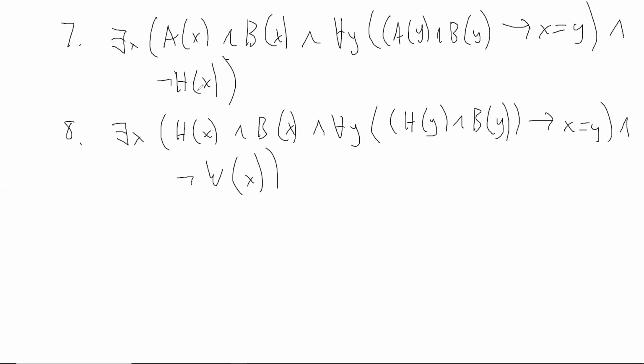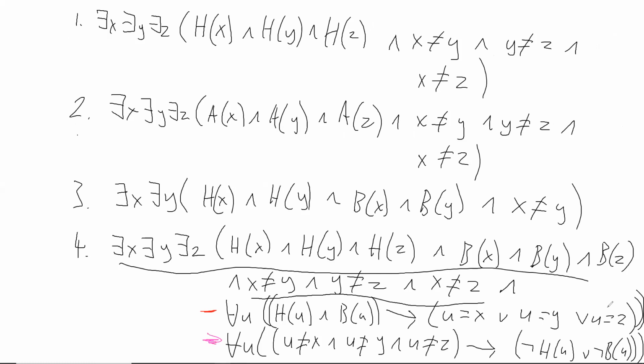There was one earlier on as well. What did it say? There are at least 3 horses in the world, right? So that's another pattern. Whenever you have there are at least some number, you do it like this kind of pattern. So in this case, there are at least 3. We need 3 variables. We specify whatever properties those things have, and we make sure that none of them are the same thing. And that gets us there is at least.